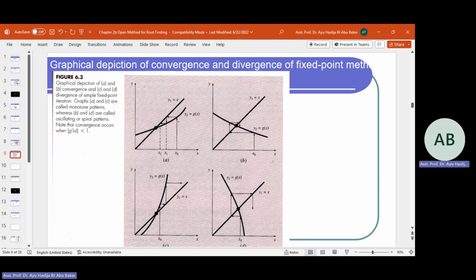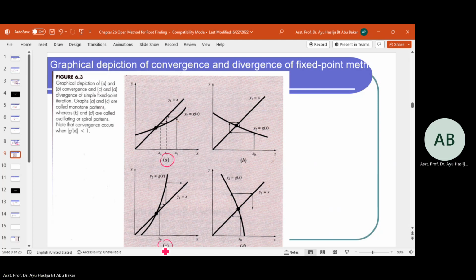Okay, this slide shows whether the equation and the starting point is converging or diverging. You see here for A and C. For A, it is approaching the XR value, right?